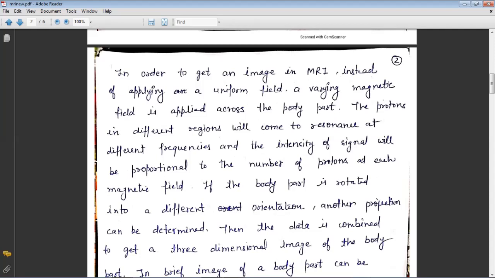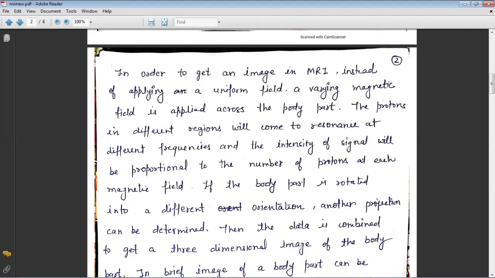If you know the principle of NMR, what was the principle of NMR? We know that like the electron, the nuclei can also spin.